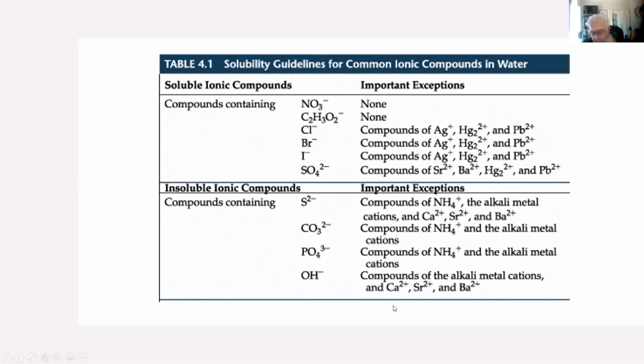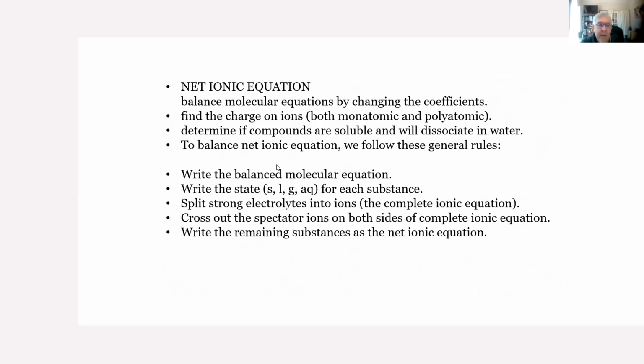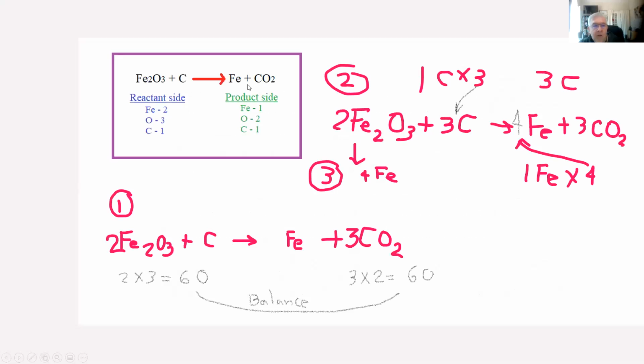Well, you can have this table at hand in order to do the following reaction. For example, it's very important for you to write the net ionic equation. I will explain it later because first I want you to know how to balance a simple chemical equation.